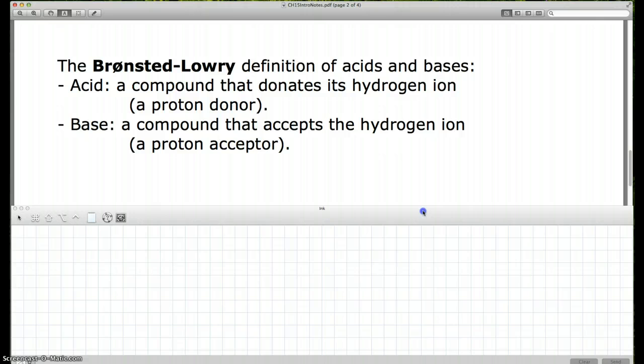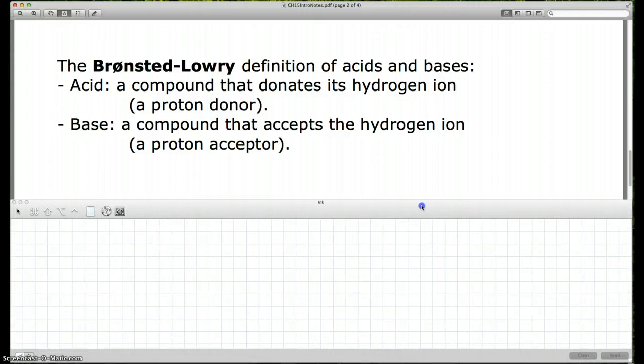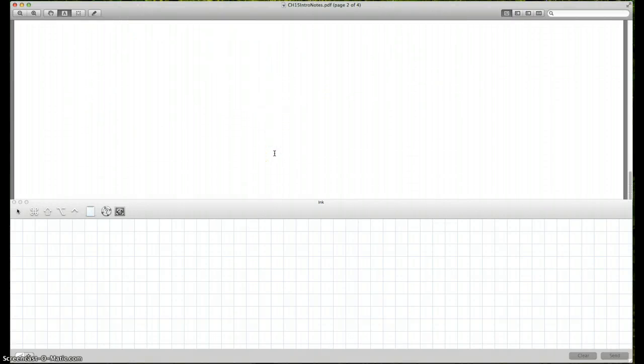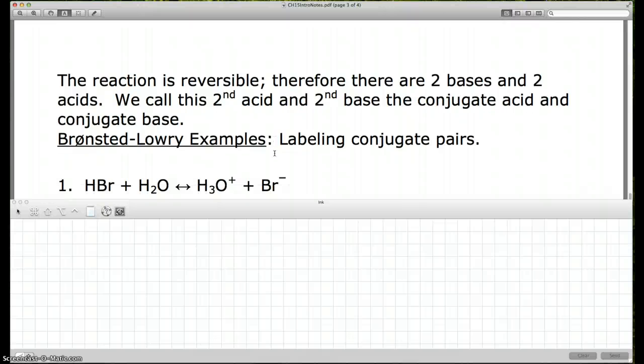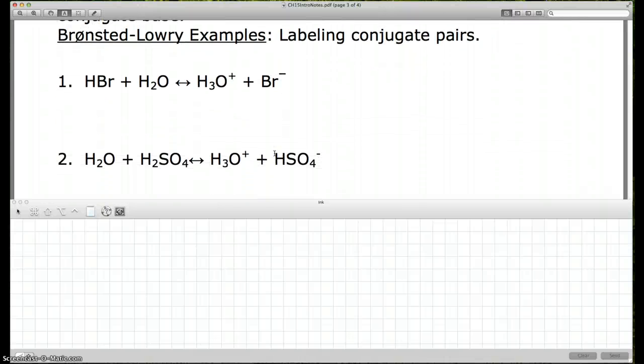If I donate something, that means I'm giving that something away. A base is a proton or an H plus acceptor. So an acid gives away an H plus, a base accepts the H plus. And we can see that in some examples here.